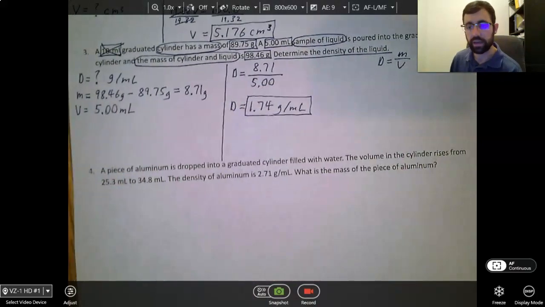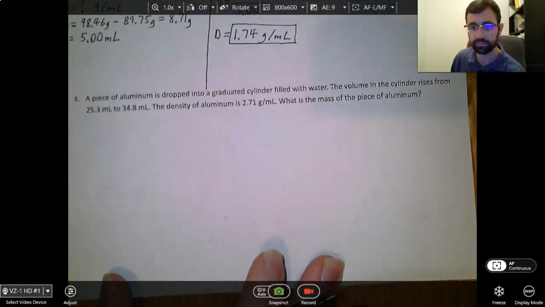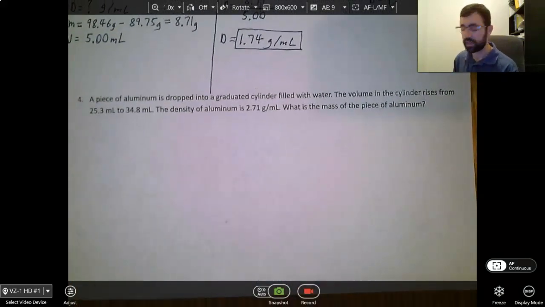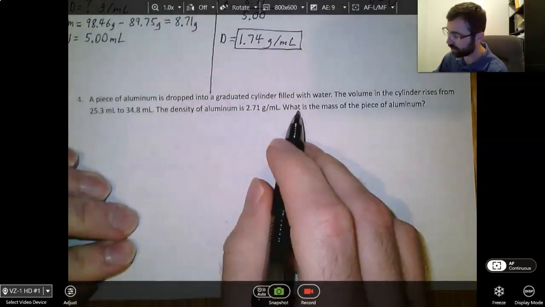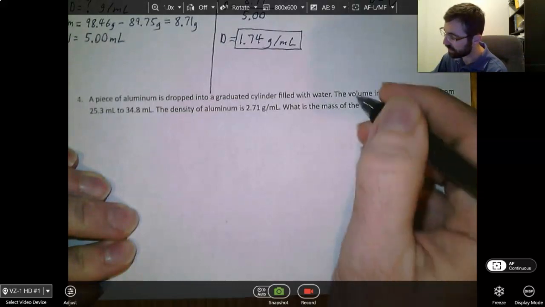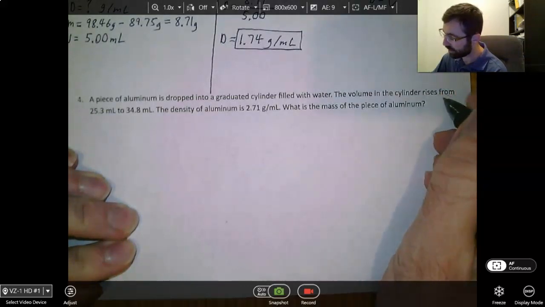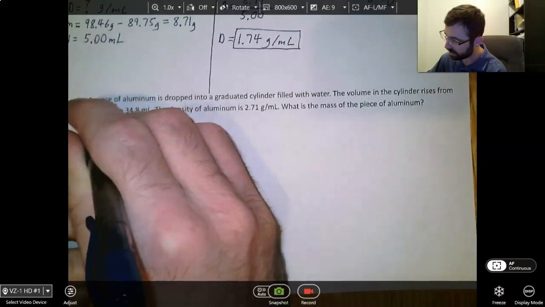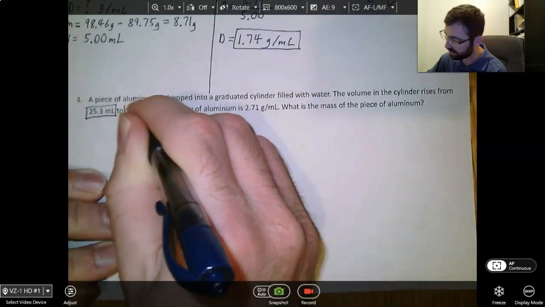All right, go down a little bit farther. Last problem. A piece of aluminum is dropped into a graduated cylinder filled with water. The volume in the cylinder rises from 25.3 milliliters to 34.8 milliliters.